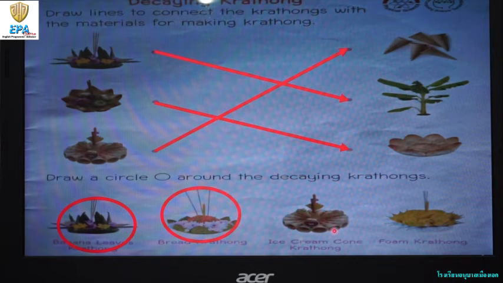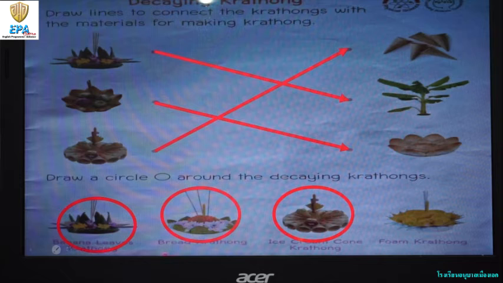Does it also decay? Yes. So you also have to put a circle. Only the foam kratom cannot decay or decompose. So that's all for this activity, and I hope you learned from them.